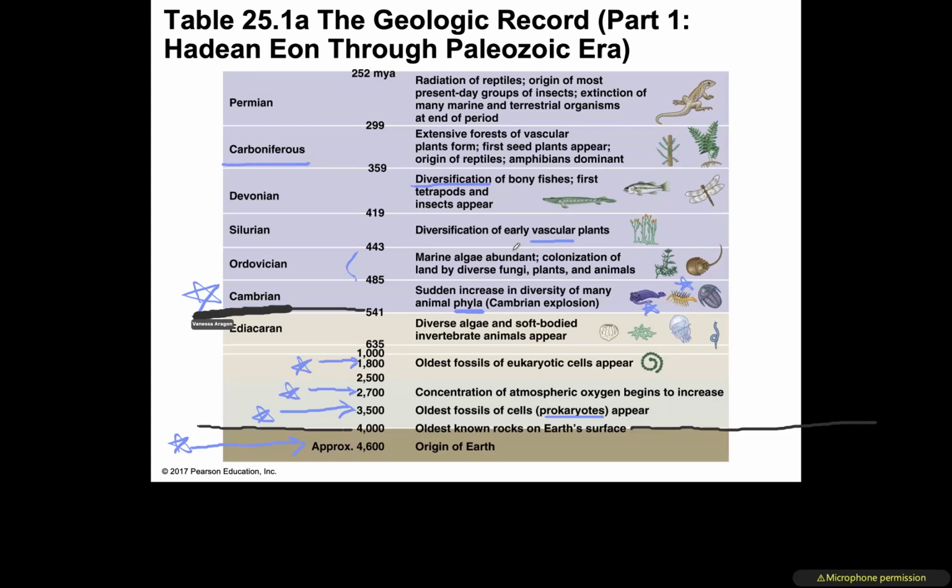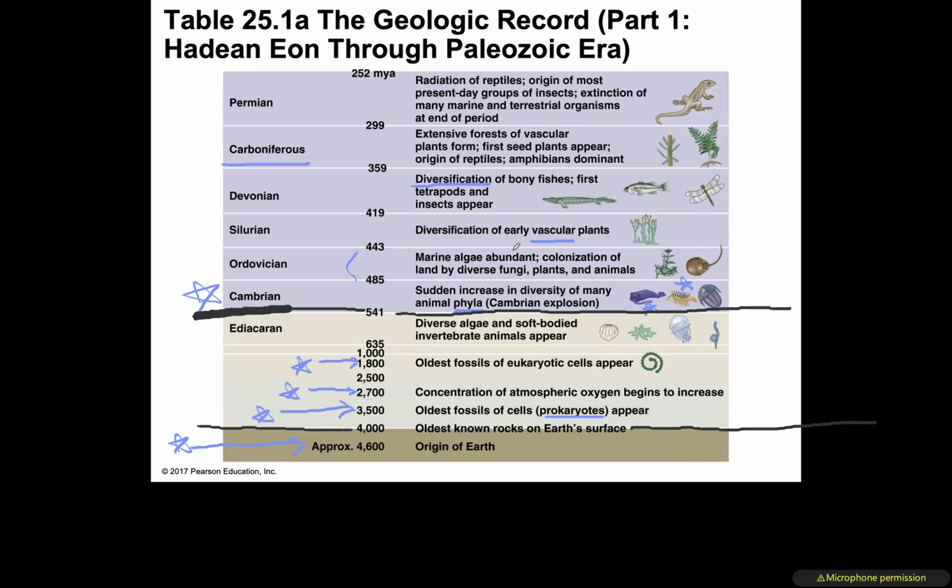Usually at every single color change, you end up having an extinction event, followed by a diversification and explosion event. That is something that you are going to see happening. Okay, because if you have a huge extinction event, guess what's going to happen? You got more land and more resources for other organisms to just take over.